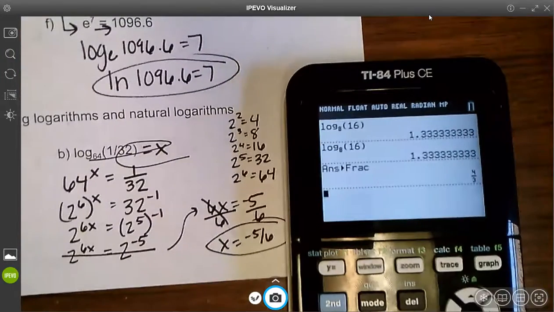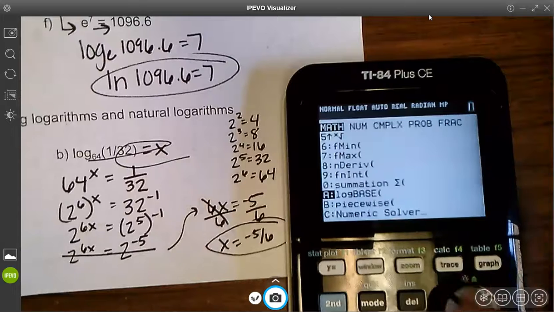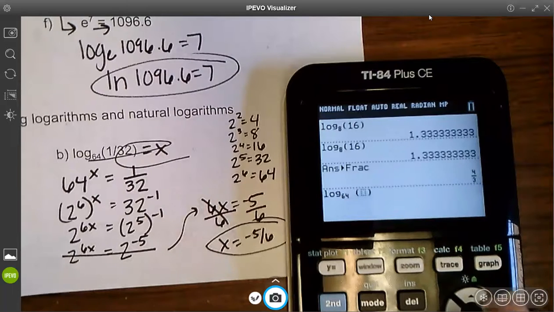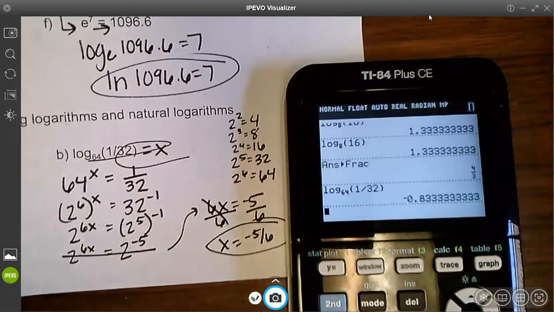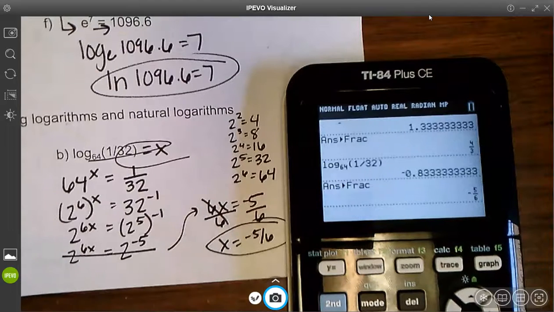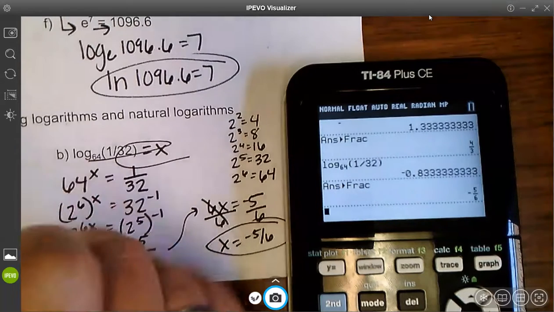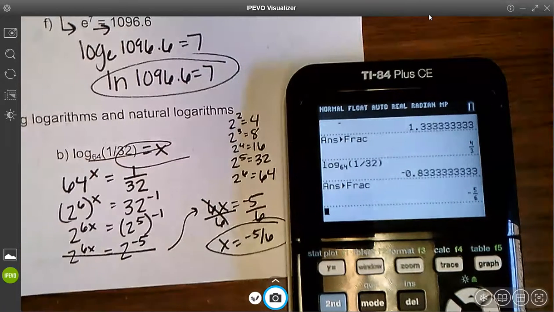You can do that one here as well, just to show you, log base 64 of 1/32. There are lots of times when you will not be able to do this and get an exact number. So just make sure that you are aware of how to do everything with changing the base of your exponential and on your calculator.